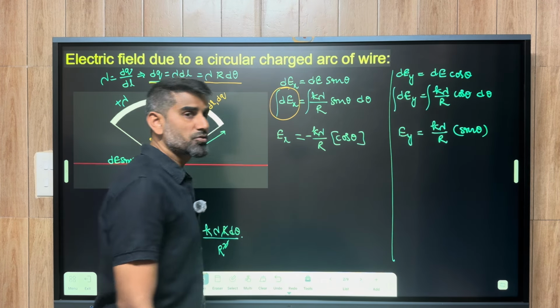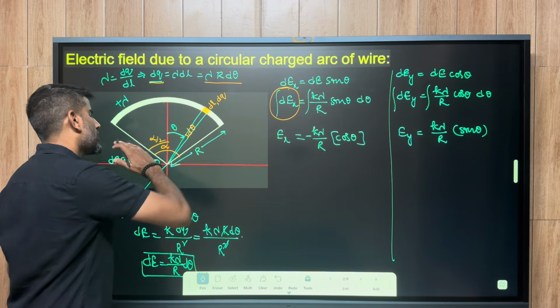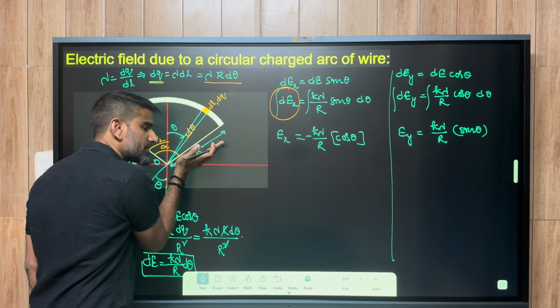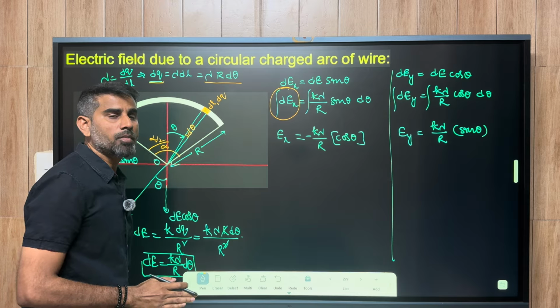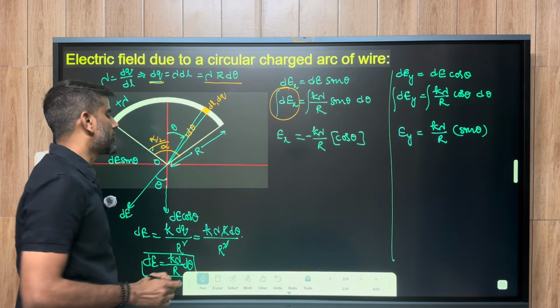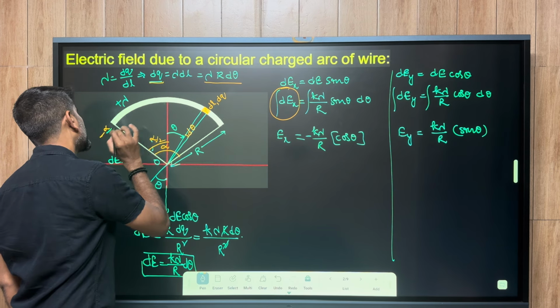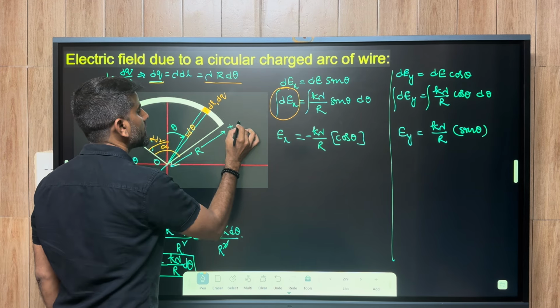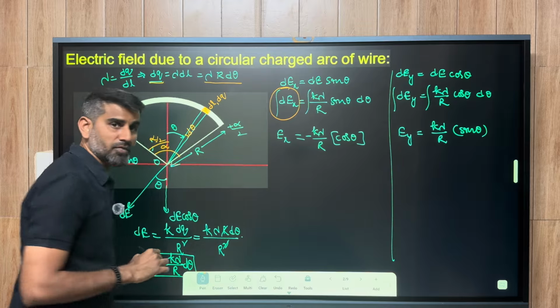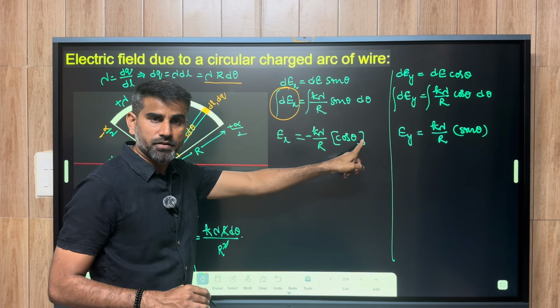Now let's use the limits. The limit is for the angle only, right?